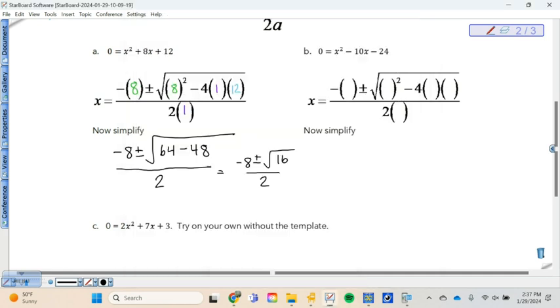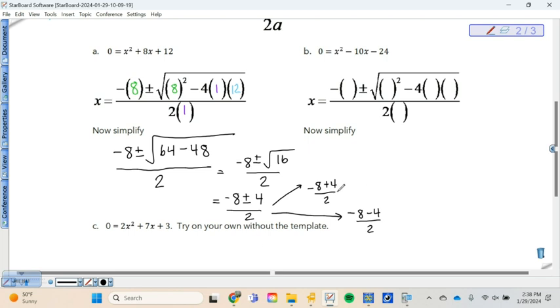Okay, so now we have, this is just kind of where it gets weird. Negative 8 plus or minus 4 divided by 2. You remember, we have 2 solutions to these kind of problems. One of my solutions is going to be negative 8 plus 4 divided by 2. And the other is going to be negative 8 minus 4 divided by 2.